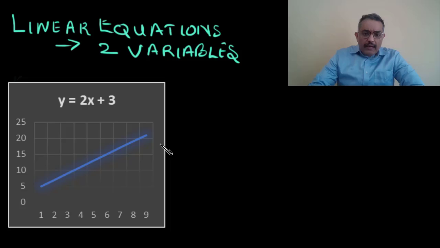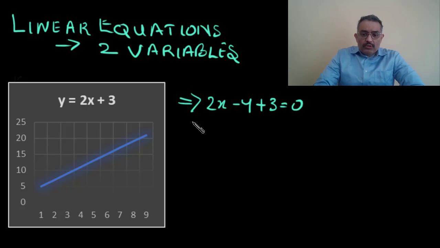Here is the graph of the equation y equal to 2x plus 3, which is the same equation as 2x minus y plus 3 equal to 0. Both are the same equations, and here is the graph, which, as I explained at the beginning of this video, is a perfect straight line. One of the most important things that we need to understand here is that this line has infinite points.